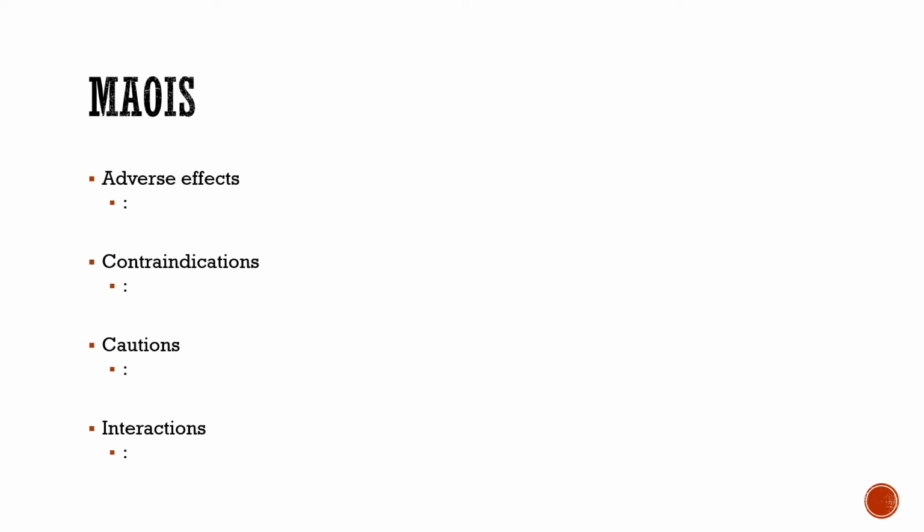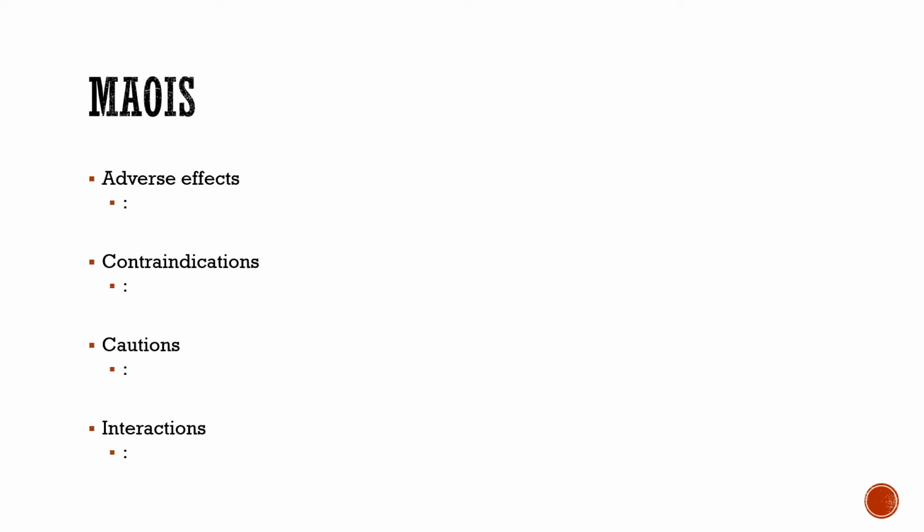However, when not sticking to the MAOI diet, you can cause a severe hypertensive crisis, an emergency situation. So I'm going to say it one more time. Orthostatic hypotension when taken properly on the proper diet.